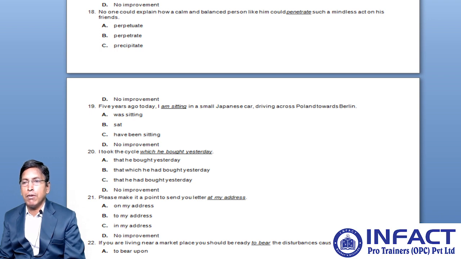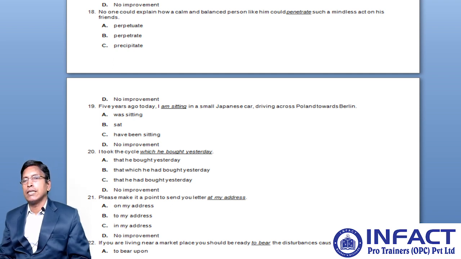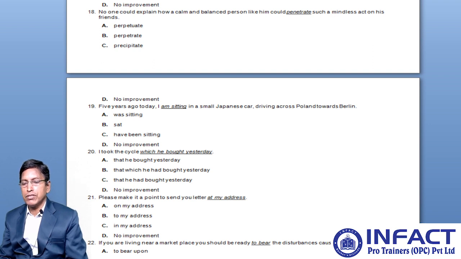Is it that he bought yesterday, or that which he had bought yesterday, or that he had bought yesterday? So the most appropriate one will be option C, that he had bought yesterday. So the right choice for question number 20 would be that he had bought yesterday.